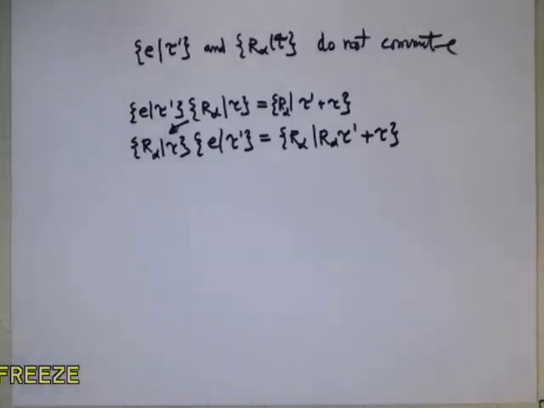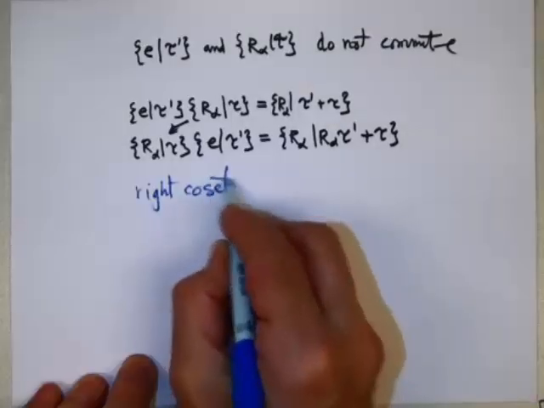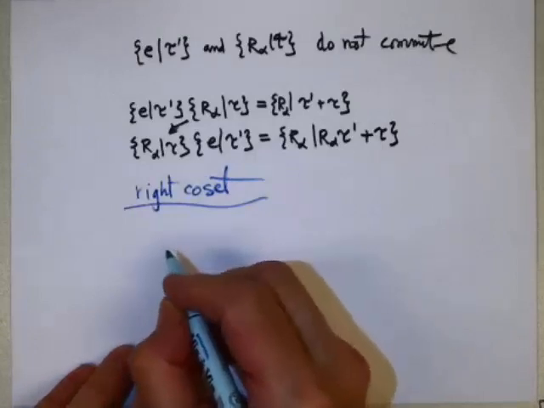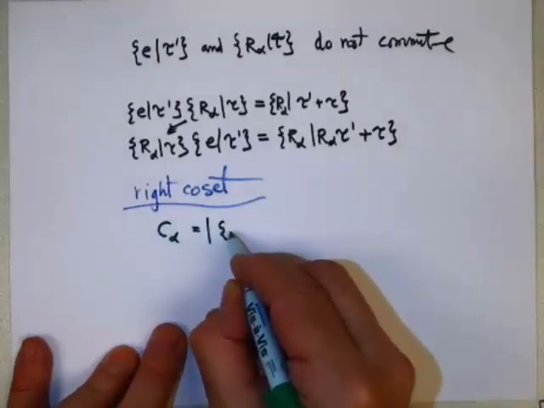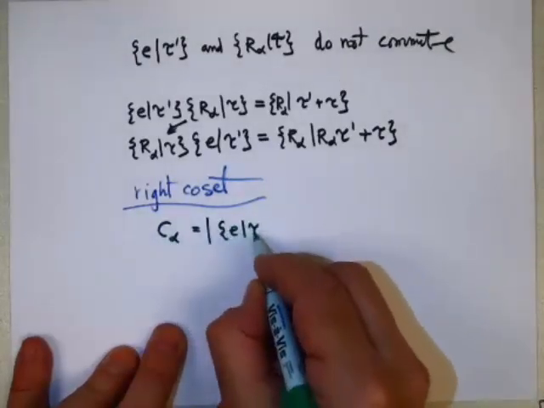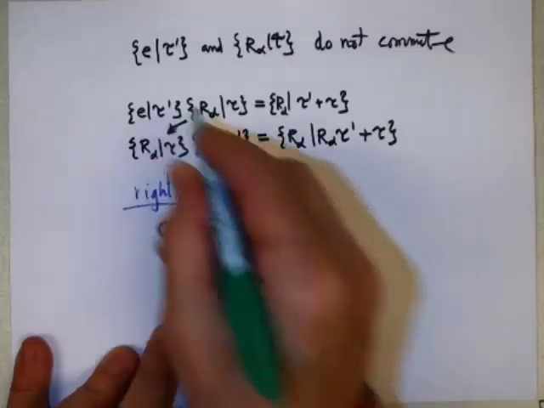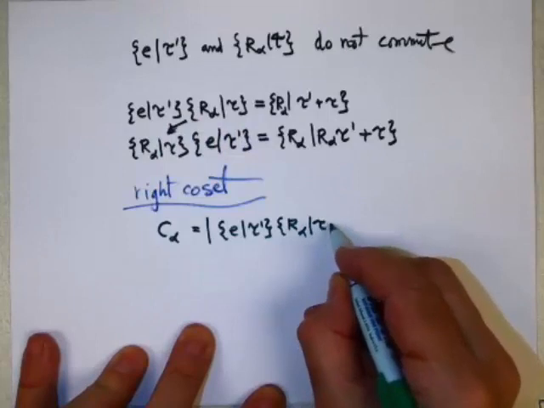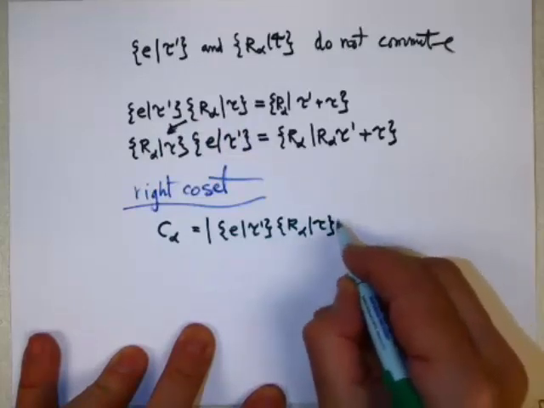However, we can define a right coset, the set of all elements where you multiply t prime, the first guy here, by rotation alpha and any translation, tau. Multiplication gives me tau. The set of all elements is any translation.